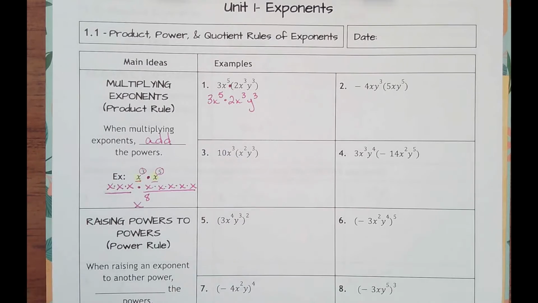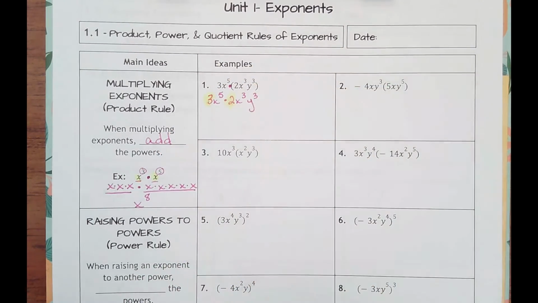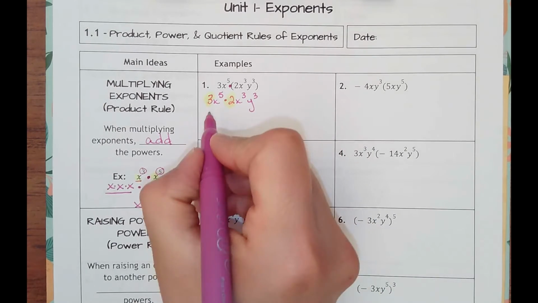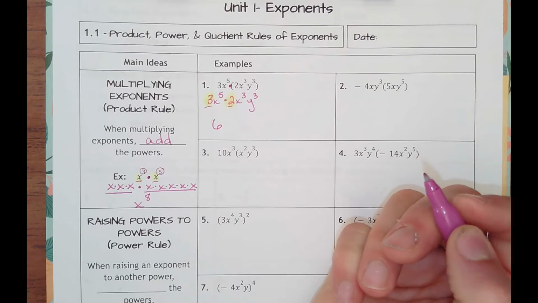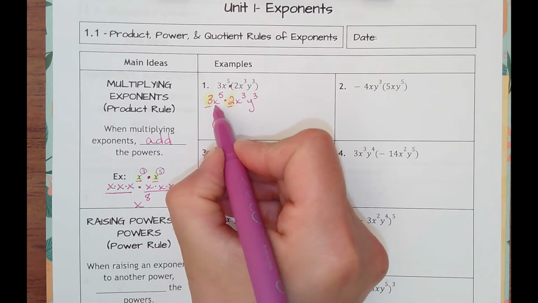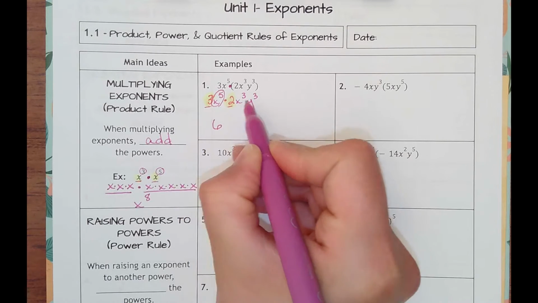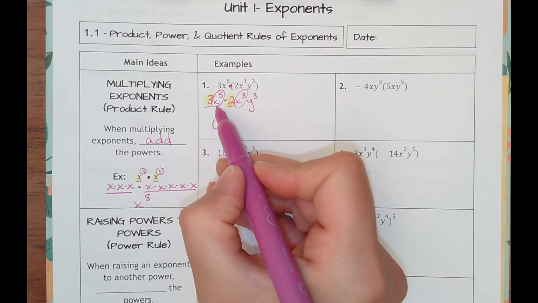So what you want to do is take the coefficients or the numbers in front times each other. So 3 times 2 would be 6. And then we're going to use our product rule. We've got exponents with x. So there's x to the fifth times x to the third. Think about those written out.